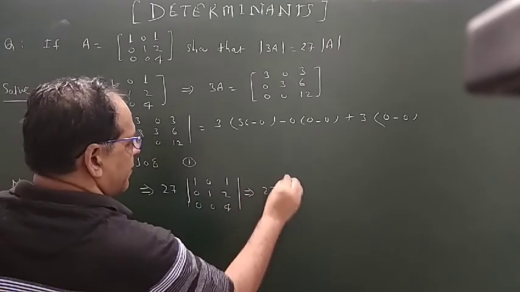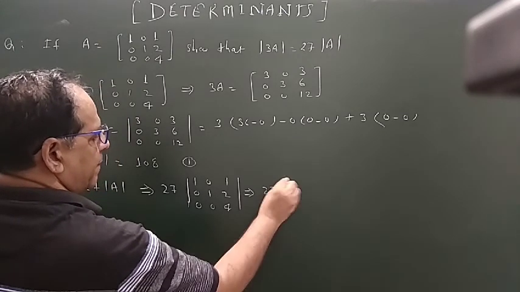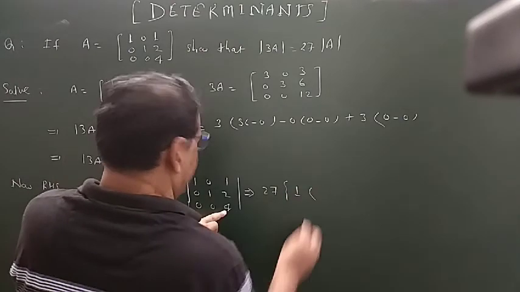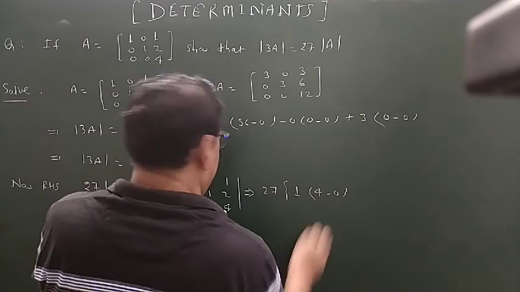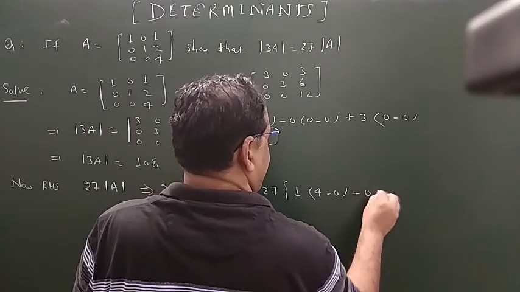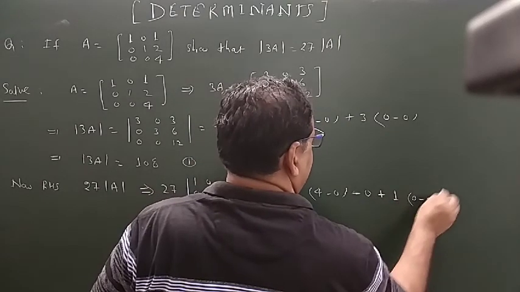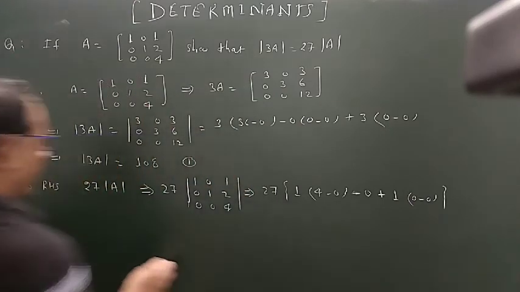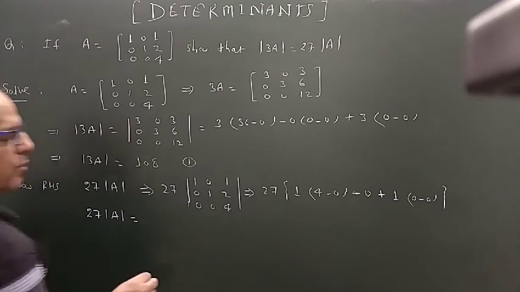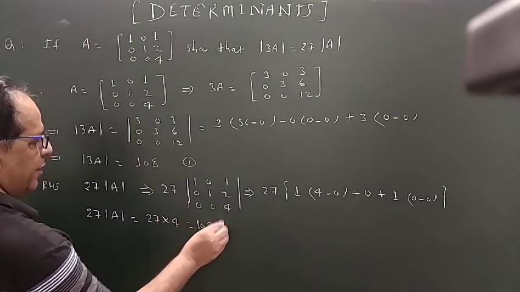So we have 27, open this: 1 times (1 into 4 minus 0) minus 0 plus 1 times (0 minus 0). So again 27 determinant A equal to 27 into 4, that means 108.